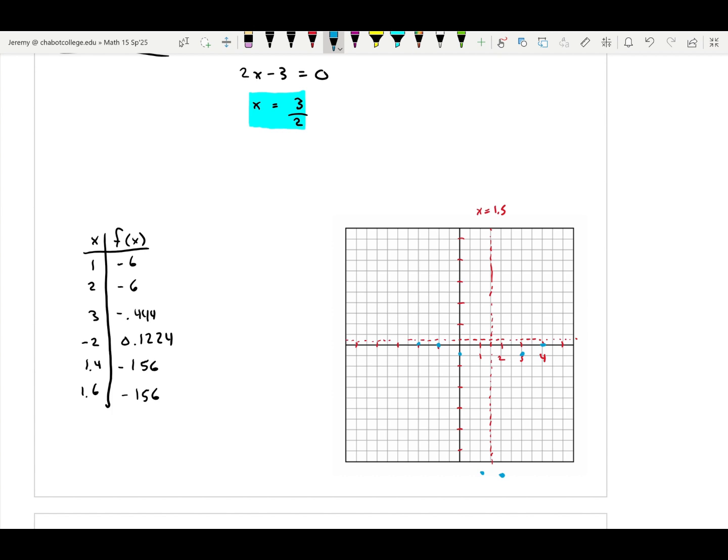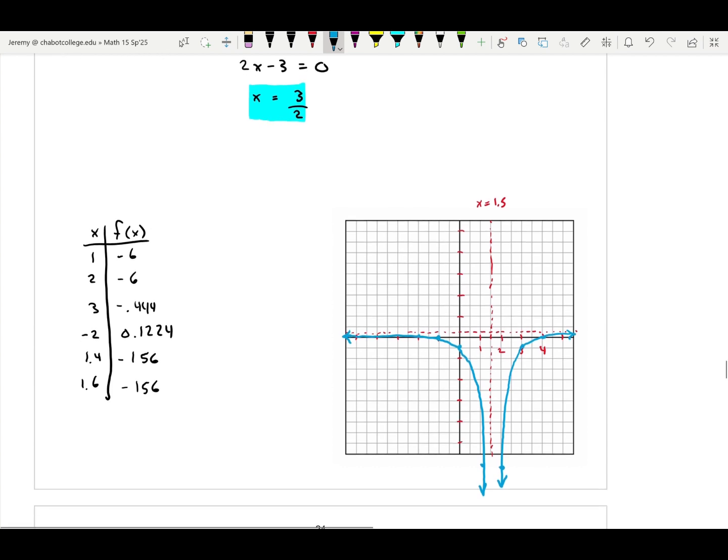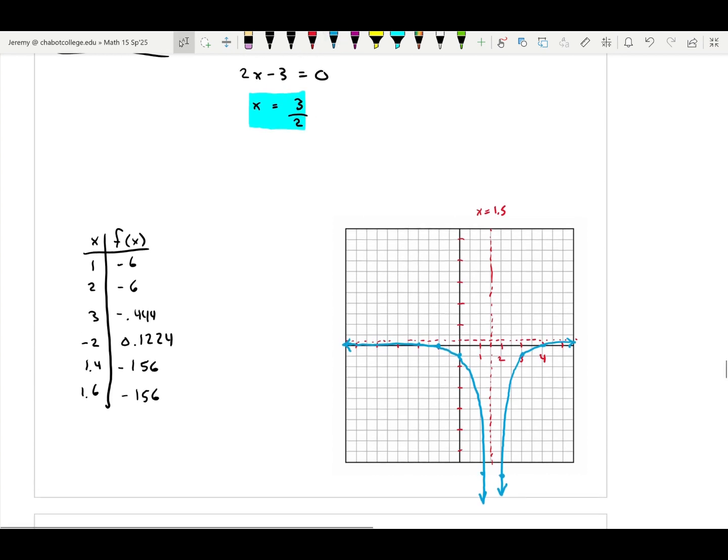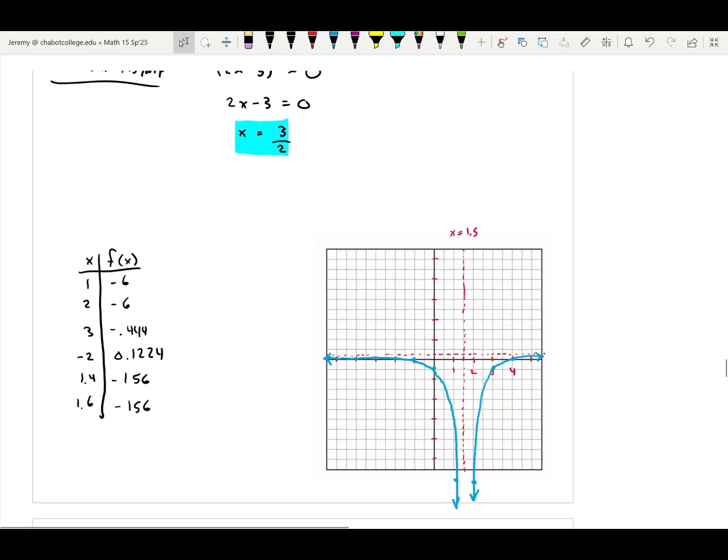Okay, and then obviously it goes down to negative infinity to the left and to the right of that vertical asymptote. So my graph looks something like this. I'm going to sketch it in. We can see it pretty clearly approaching that horizontal asymptote as well. And there we have it. There is the graph of our function.